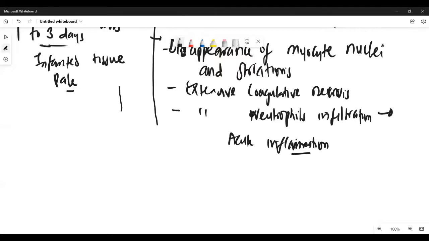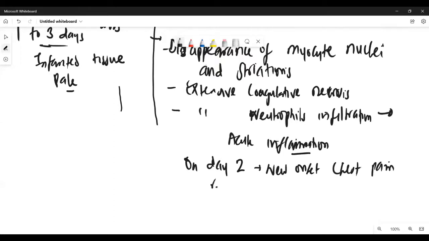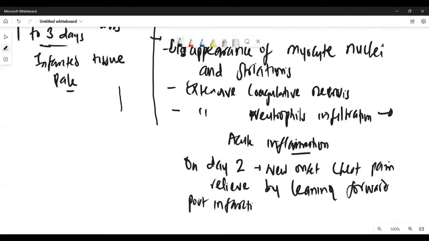They say when they lean forward, the chest pain gets better. So this is classic for what we call post-infarction fibrinoid pericarditis, right?